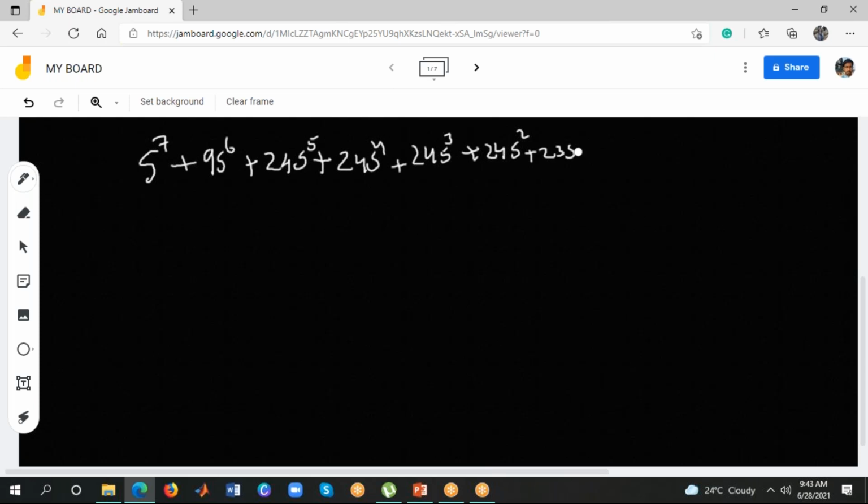The characteristic equation is s power 7 plus 9s power 6 plus 24s power 5 plus 24s power 4 plus 24s cubed plus 24s square plus 23s plus 50. Find the root array for this equation.